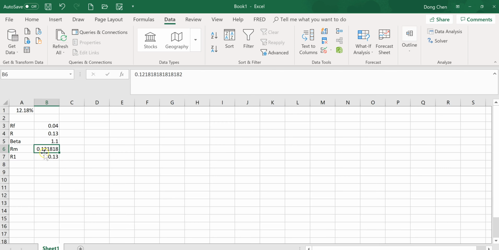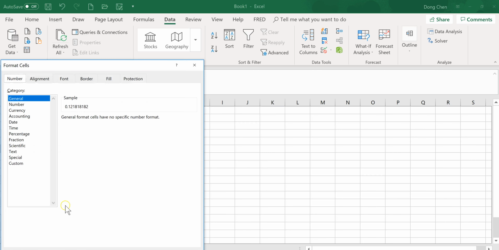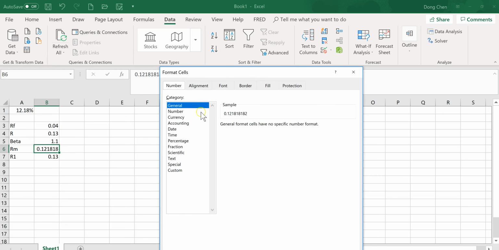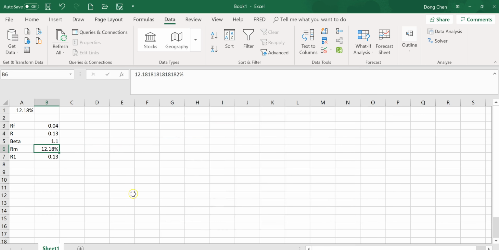So I have solved for R_M. The next job is simply to format the answer following the rounding requirement, keeping two decimal places in percentage. You see it's exactly the same as what we got using algebra.